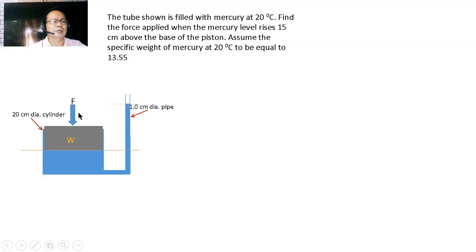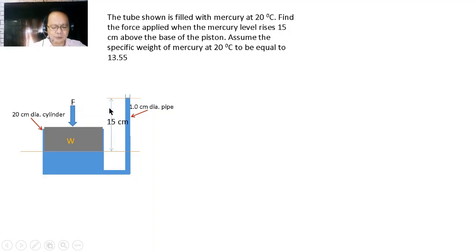So as F is applied, the elevation of the mercury inside the tubing rises to a height of 15 centimeters. So in this case, we will be required to find this F. What is the magnitude of this F that has caused this elevation to rise from 2.5 to 15 centimeters?